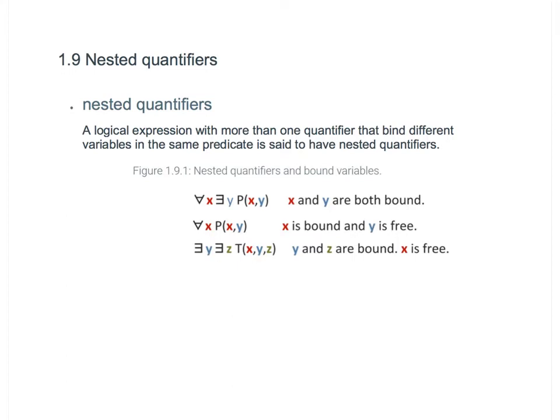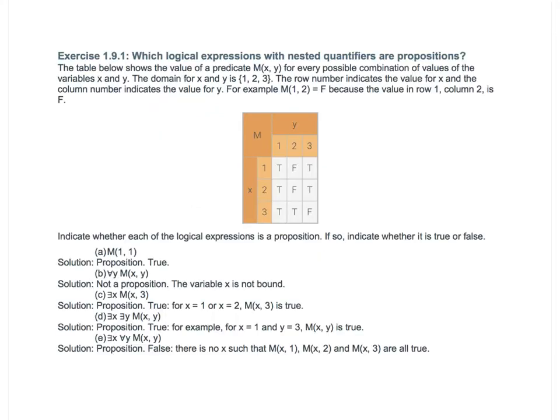Instead of saying there exists a y, there exists a z, t of x, y, and z, you can say there exists a z and then there exists a y. You can just swap these two exists symbols, and you still have the same statement. So in this example, y and z are bound by two existential quantifiers, but x is a free variable.